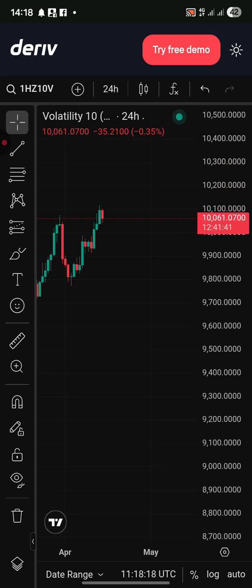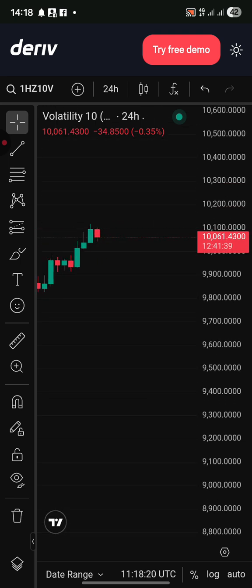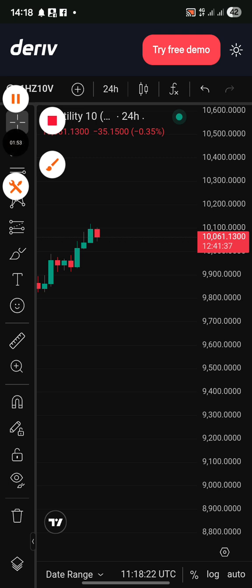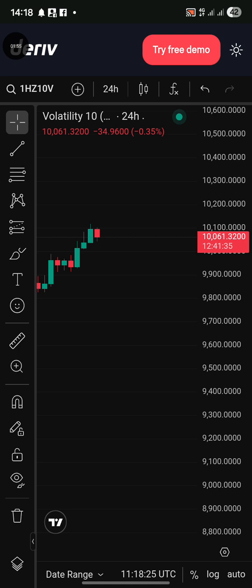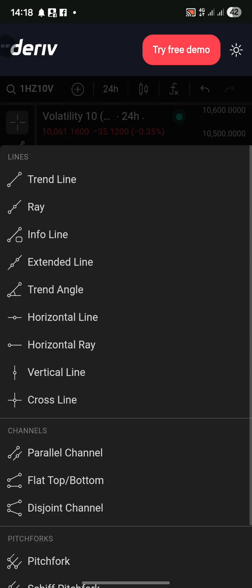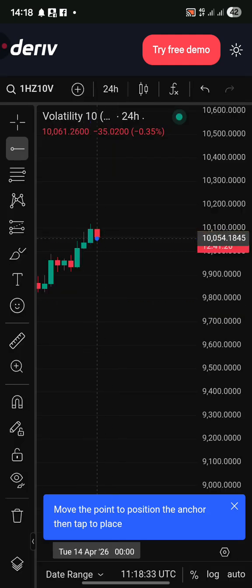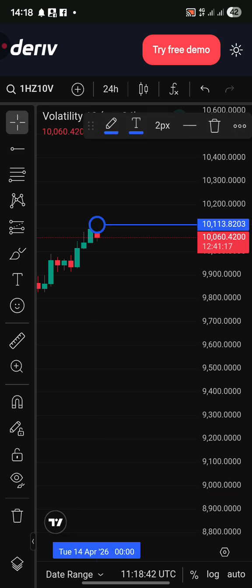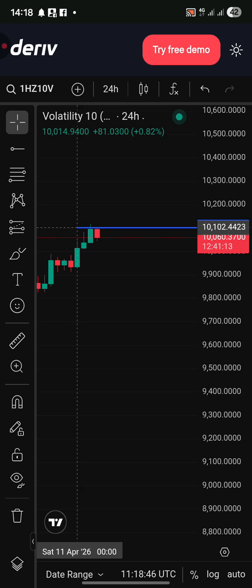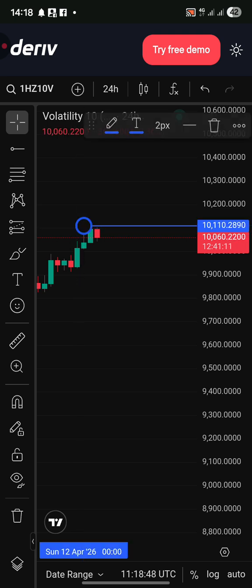So first, you take this trend line, that is, let me put this horizontal one, and you put it on the higher high of the candlestick, of the opening candlestick, the first candlestick.